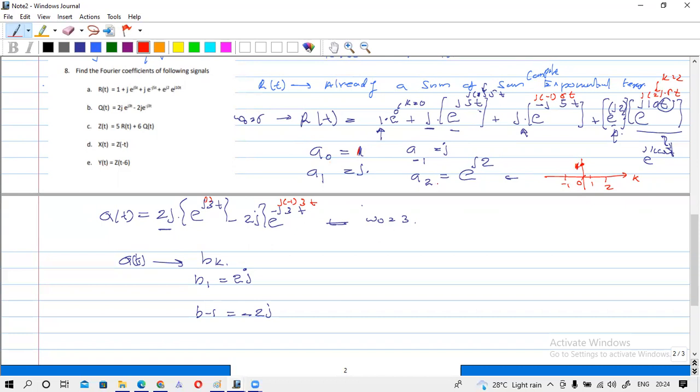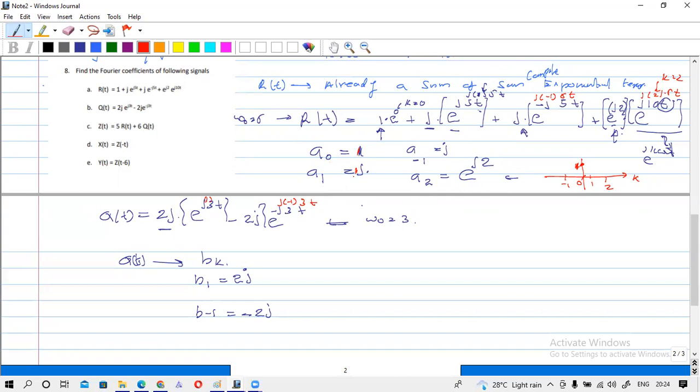If you find the a1 magnitude, for this one, it is j. This is a completely imaginary number, so here we have 0 plus 1j.